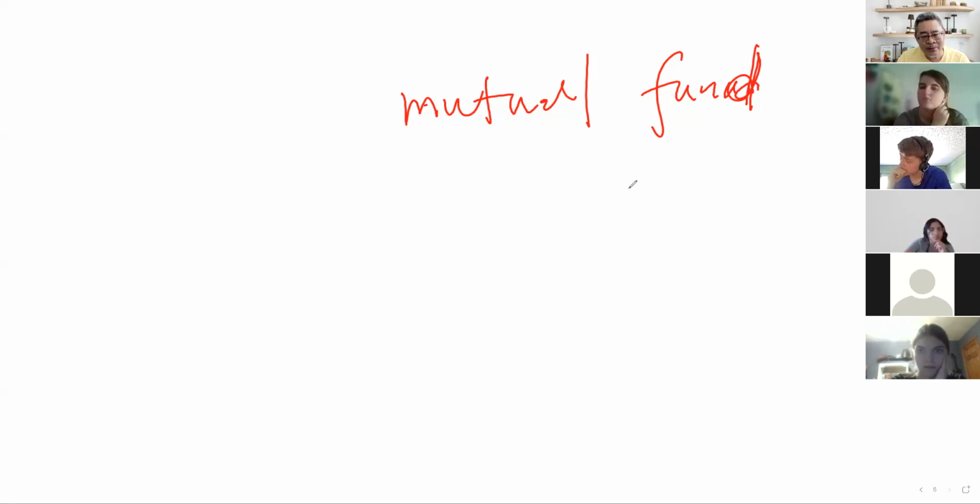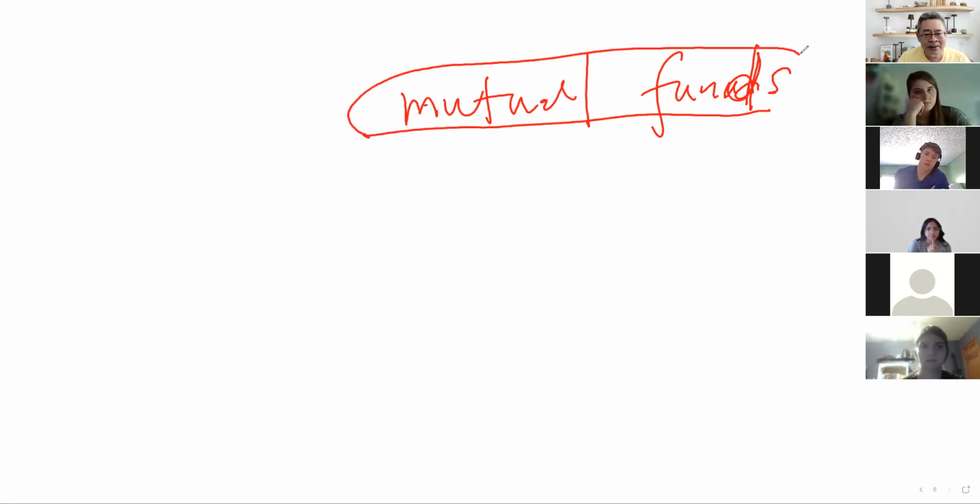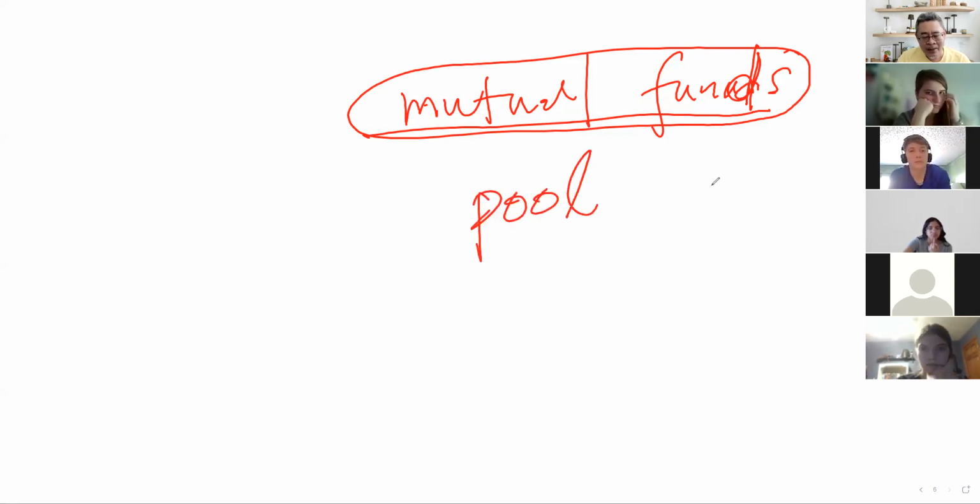It's not super great, but it's relatively safe. If you invest in a single stock, you might get 10 times, or you might lose it all. You never know. That's why they have mutual funds, with a fund manager who manages the pooled money. If 1 million of us pool money, we probably have 100 million, and then we can buy a lot more stocks.